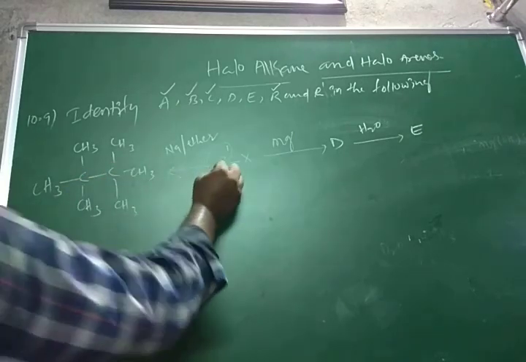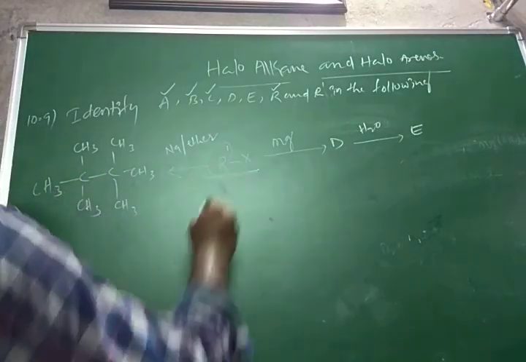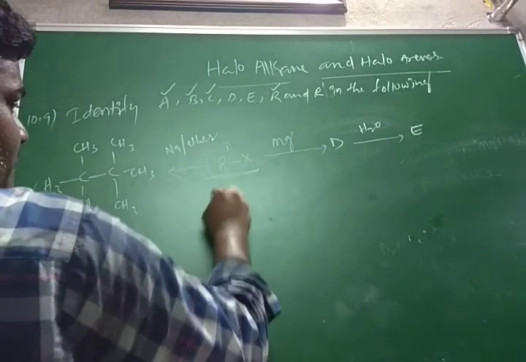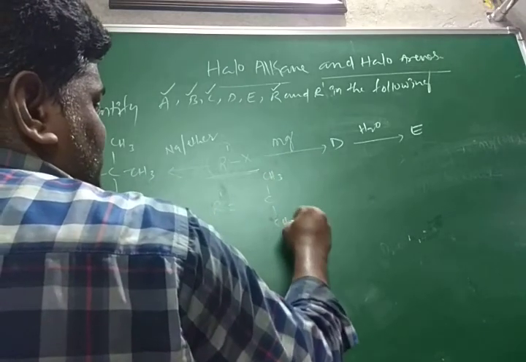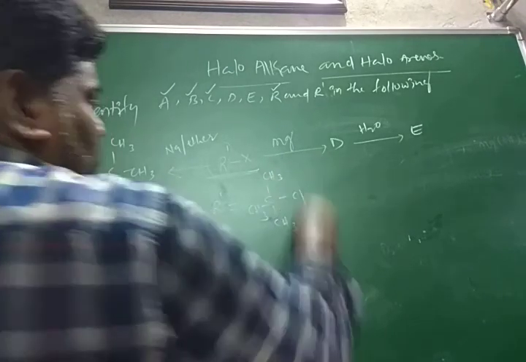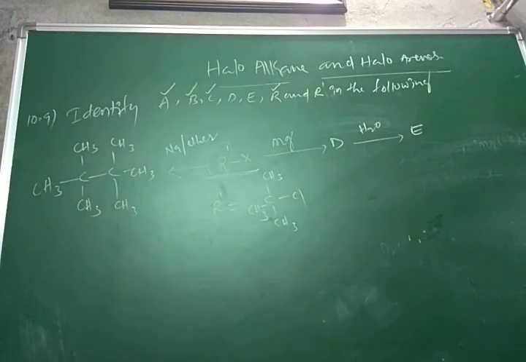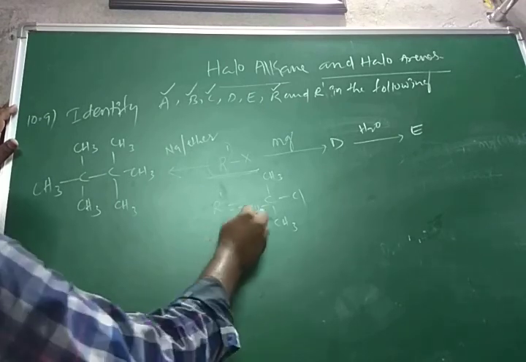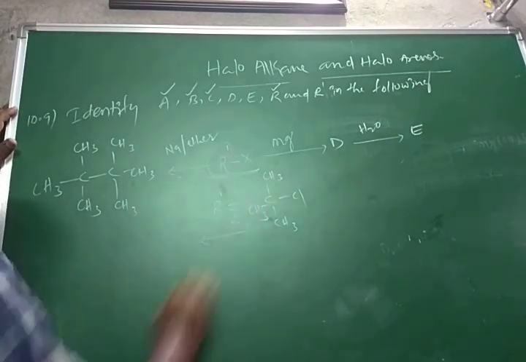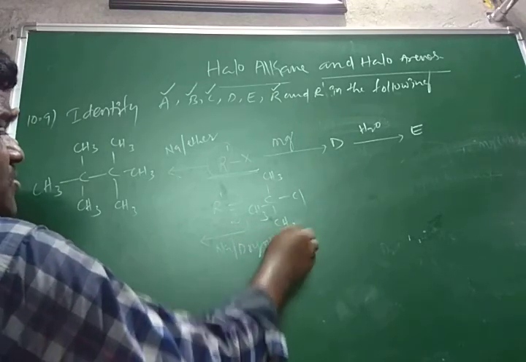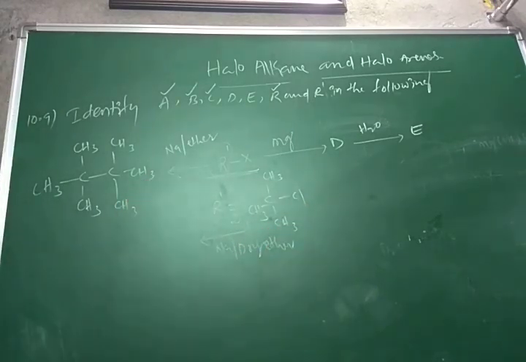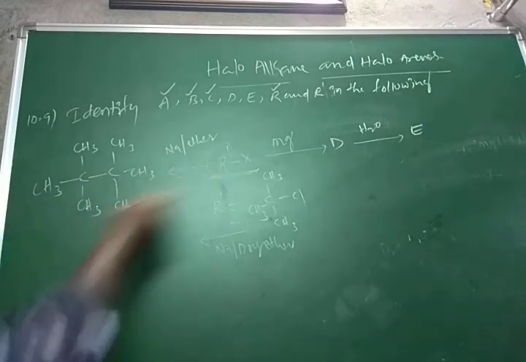Similarly, here the alkyl halide R dash is CH3 and chlorine, tertiary butyl chloride, so this product is likely to form. Take 2 moles in the presence of sodium and dry ether. Wurtz reaction means a double-carbon product will be obtained. Sodium chloride is the byproduct.